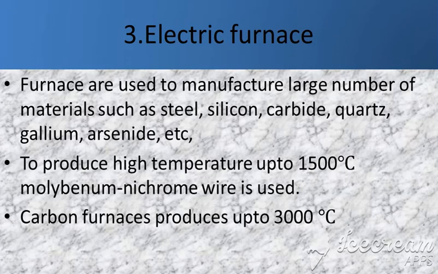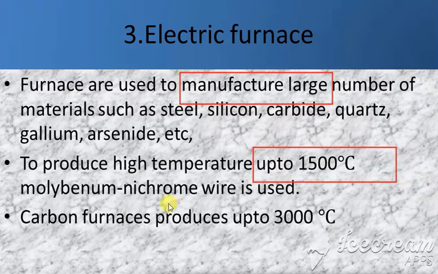Next we have the electric furnace. This furnace is used to manufacture a large number of materials such as steel, silicon carbide, quartz, gallium and arsenide. When you manufacture like that, it produces high temperature, up to 1500 degrees Celsius in the case of molybdenum nichrome wire.